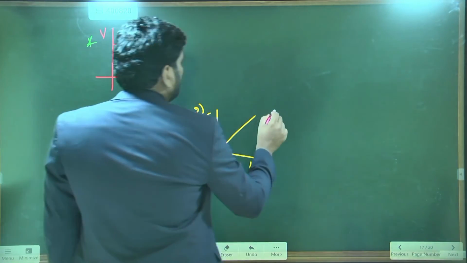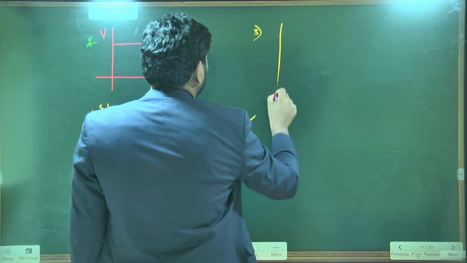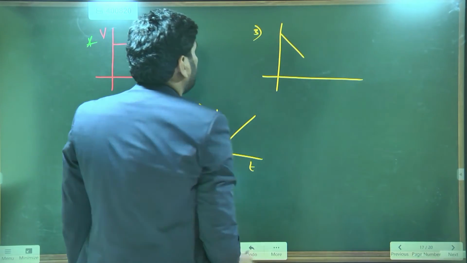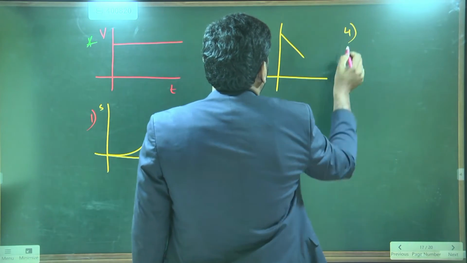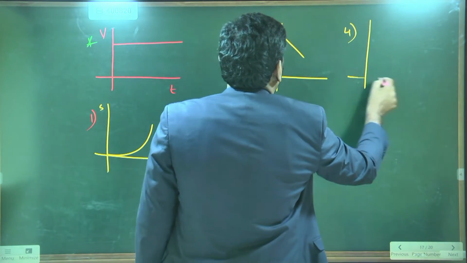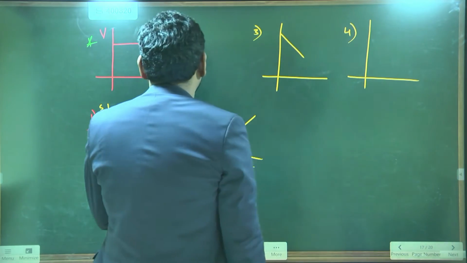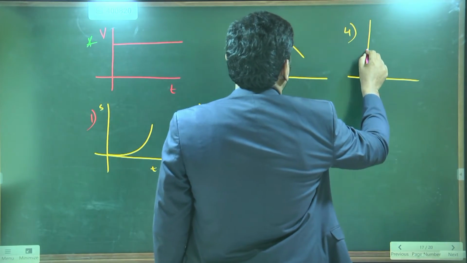The third option is the way we have. The fourth option is one more graph like this.